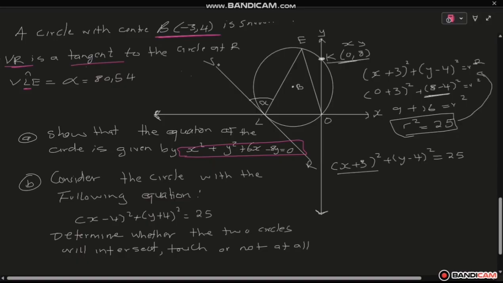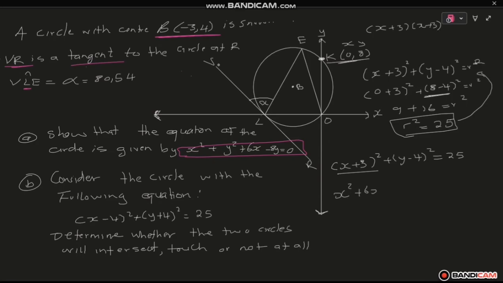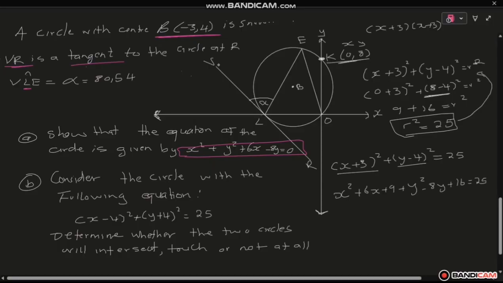Then let's try to FOIL this thing, or simplify it further and FOIL it. So you're going to have something like x squared plus 6x plus 9, and here you're going to have y squared minus 8y plus 16 equals 25.